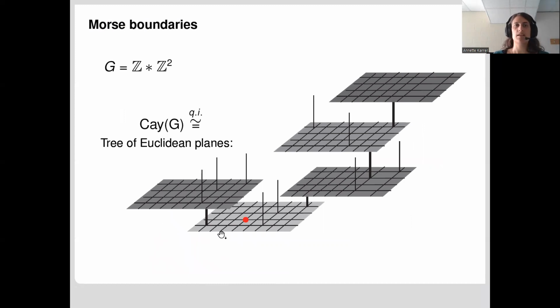Let's look at this example here. This group is the free product of Z squared with Z squared. And the Cayley graph is quasi-isometric to a tree of Euclidean planes, which means that it looks like a tree of Euclidean planes if we look at it from far apart. Now, if we have a tree of Euclidean planes, we can study geodesic rays in such a space. We fix a base point, and now we look, for instance, at those geodesic rays which end in Euclidean planes.